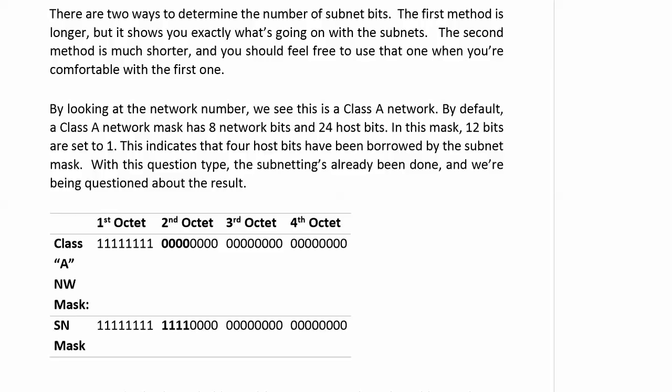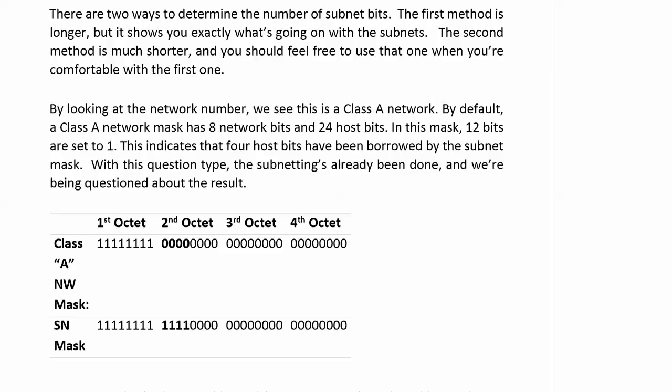Well, 8 of them were set to 1 before subnetting because that's what the Class A network mask is. The first octet is all 1s and the second, third, and fourth octets all 0s. So that means that someone came in, did some subnetting, and borrowed 4 host bits. That's how we got the subnet mask.